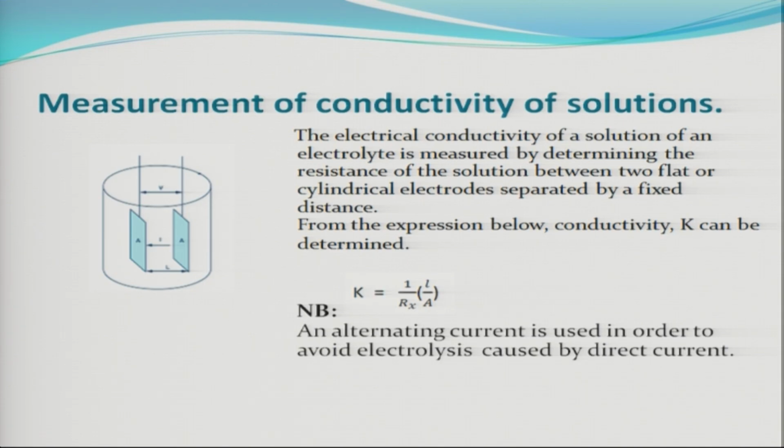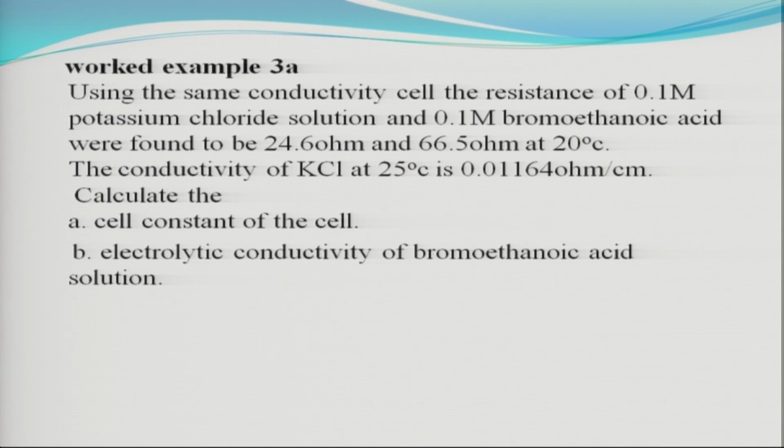So we are going to have a trial question here. We have a trial what? Trial question saying using the same conductivity cell, the resistance of 0.1 molar potassium chloride and 0.1 molar bromoethanoic acid were found to be 24.6 ohm and 66.5 ohm at 20 degrees centigrade.